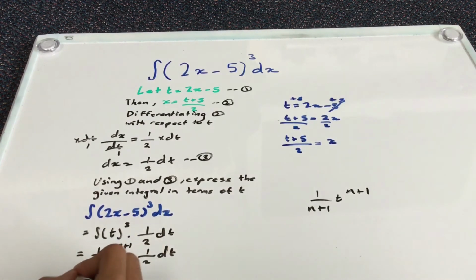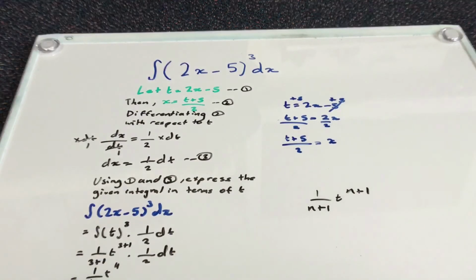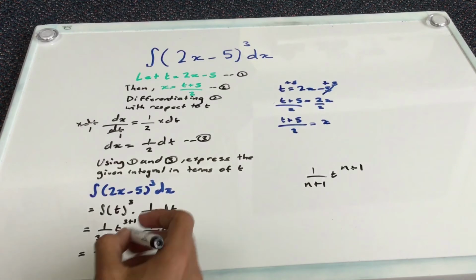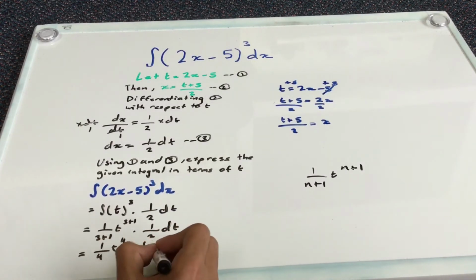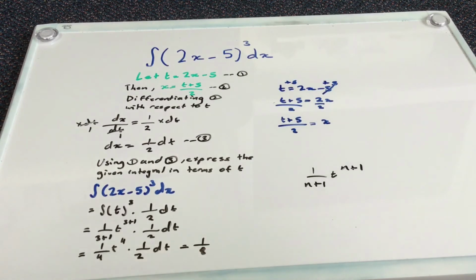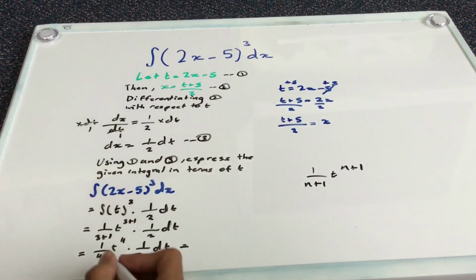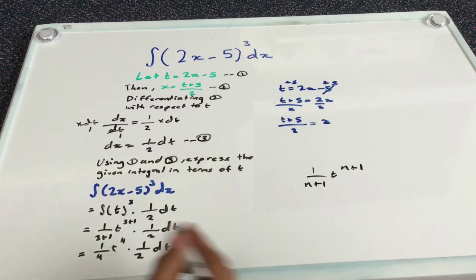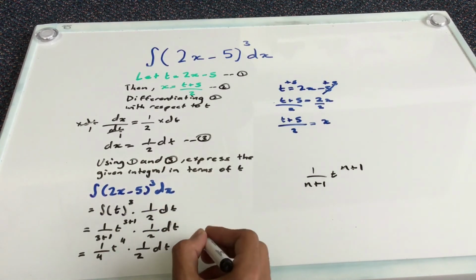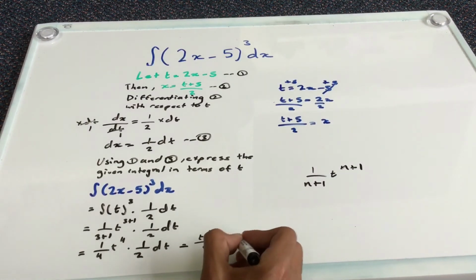You should get a result of 1 over 4 t to the 4, and then times half dt. When you multiply it together, half times 1 over 4 gives 1 over 8, so we write it as t to the 4 over 8, and then plus c.